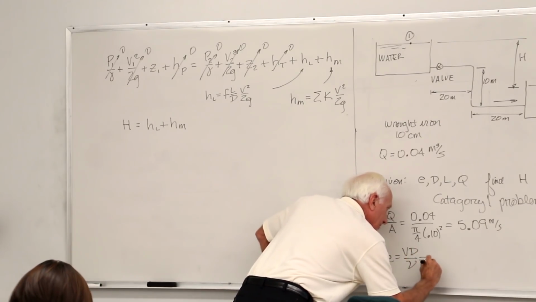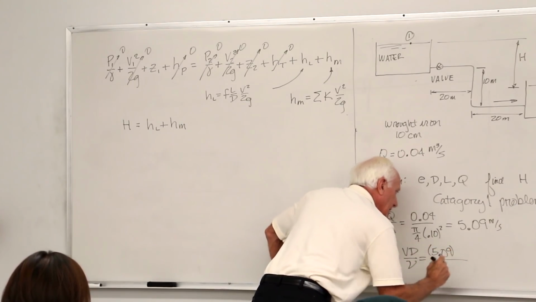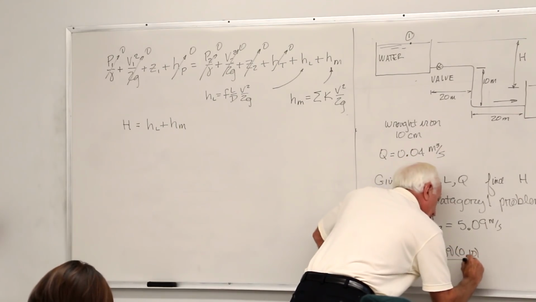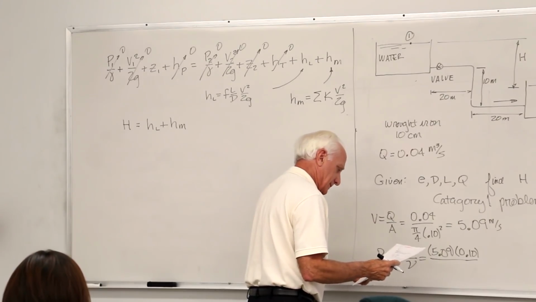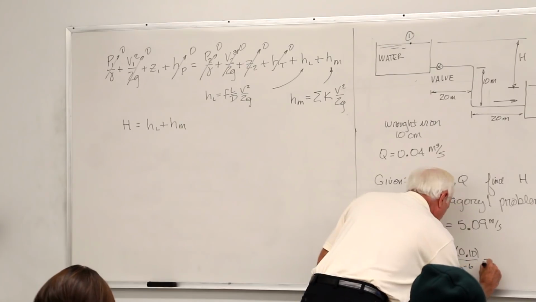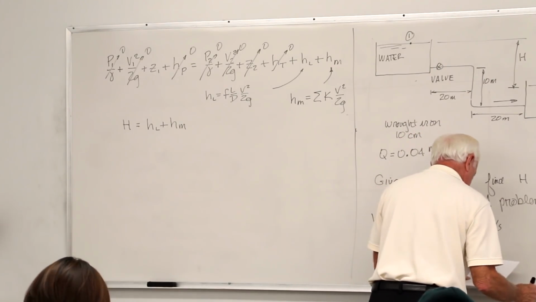For water, velocity 5.09, diameter 0.10, kinematic viscosity 1 times 10 to the minus 6. That gives us 5.09 times 10 to the fifth.